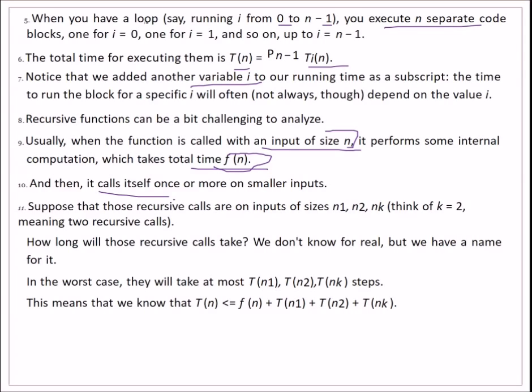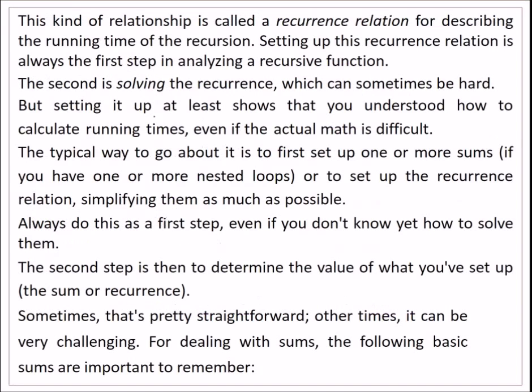We have already seen recursion. So how is it going to work? This T(n) will be equal to or less than this f(n), which is the total time for the internal computation, plus the other time, T(n1) to T(nk), for as long as the recursion is going on.